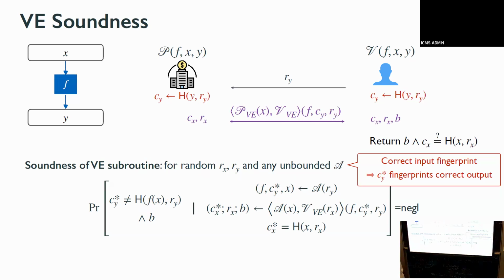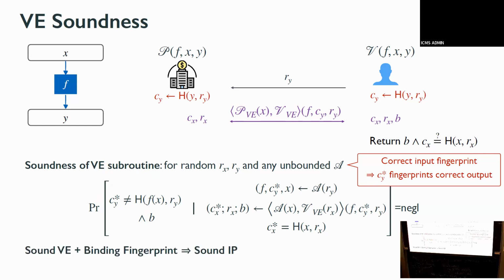So essentially here we're saying, consider an adversary that chooses at the very beginning an adversarial C star Y, and you run the V protocol, right? And then you check correctly the input fingerprint. Then you want to make sure that this is a hash of f of x. So in simpler terms, if you check correctly the input fingerprint, the output fingerprint must be correct on f of x.